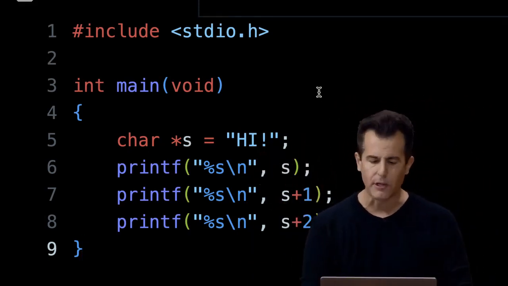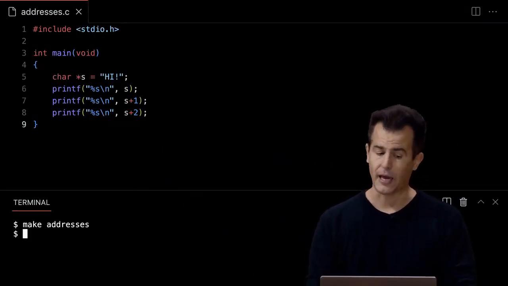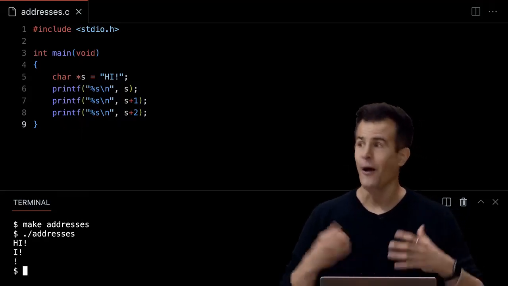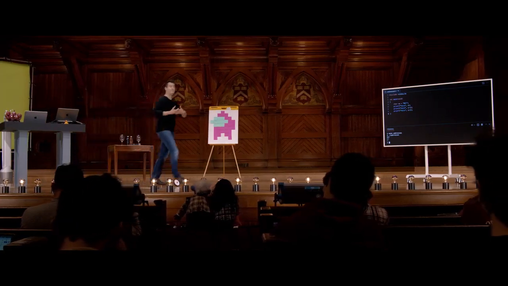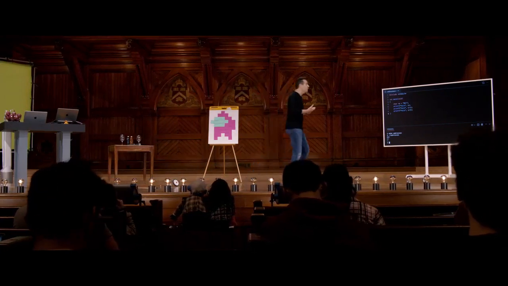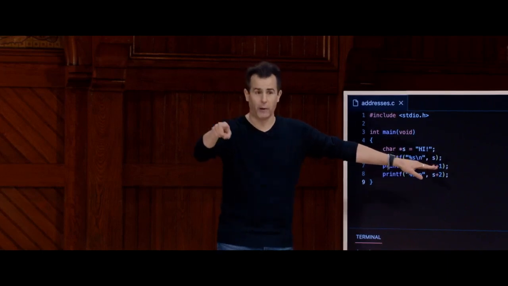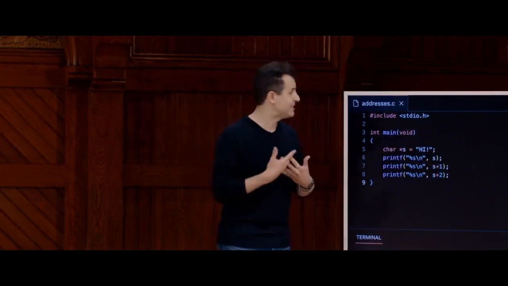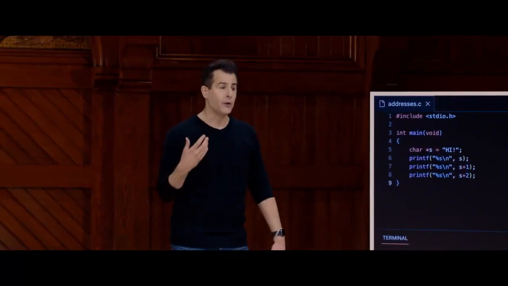But let me go ahead and zoom out, run make addresses, enter, compiles OK, ./addresses, and now, indeed, this is all a string is. It's a sequence of characters identified by its first byte. If you then start poking around and tell printf to print at what's at the next byte or the next byte, it's going to do its same thing, printing out that character and everything after it up until that null character.